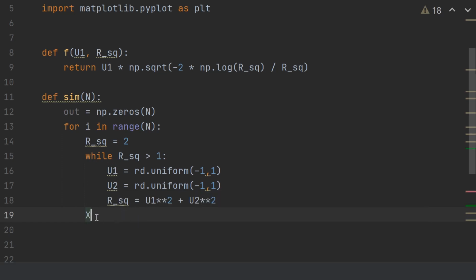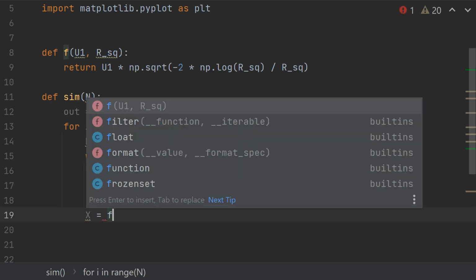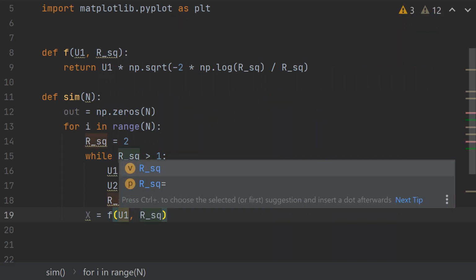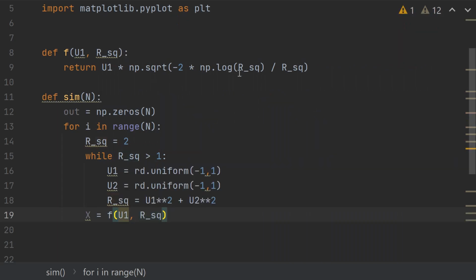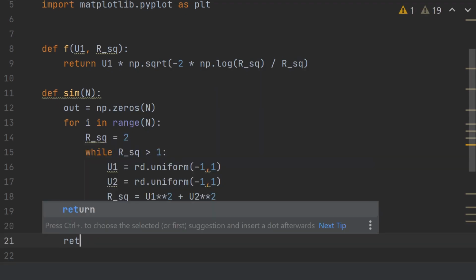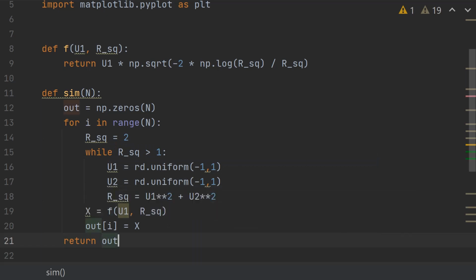So now I build my x, which is then equal to f of u1 and r squared, where f was this function up here. And then I append my x to my output. Then finally I return my output. Okay.